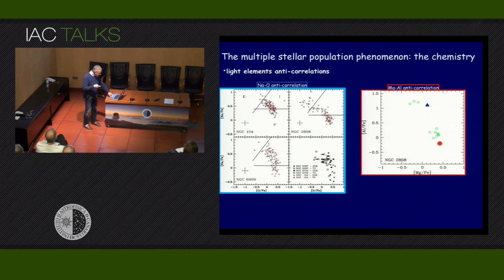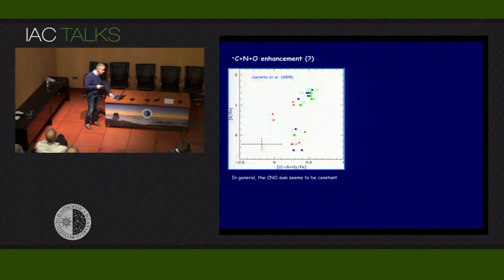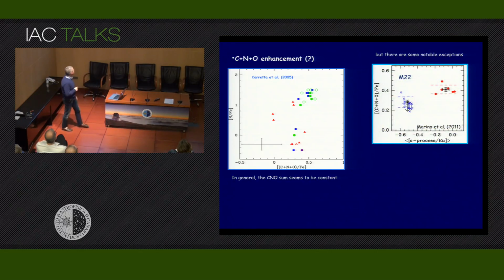And there are also many other peculiarities, such as the presence of a carbon-nitrogen, nitrogen-oxygen anticorrelation. There is the possibility of CNO sum enhancement. In many globular clusters, this is not the case. As you can see here, the different points with different colors refer to different clusters, and the sum of C plus N plus O is constant, but there are also some striking peculiarities, as in the case of M22.